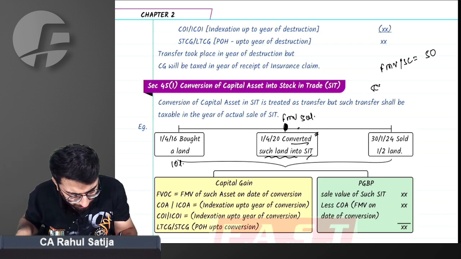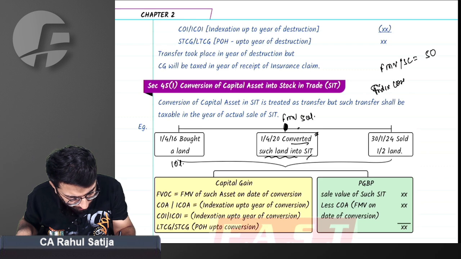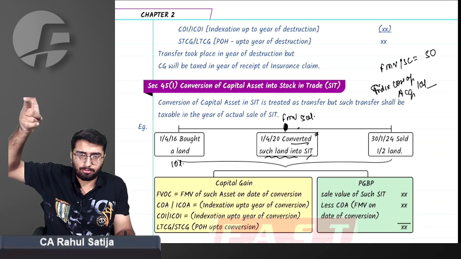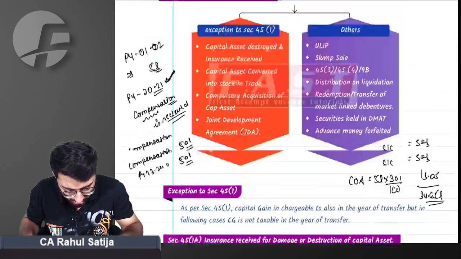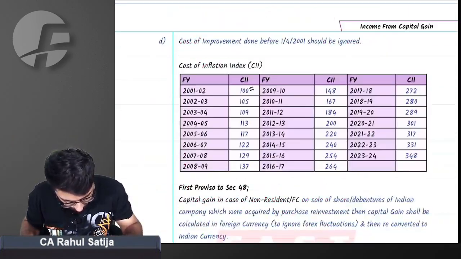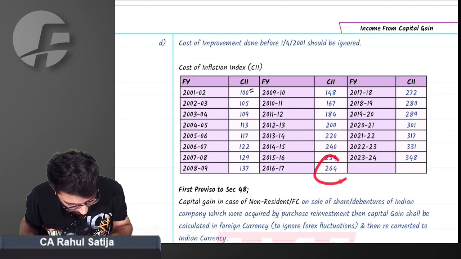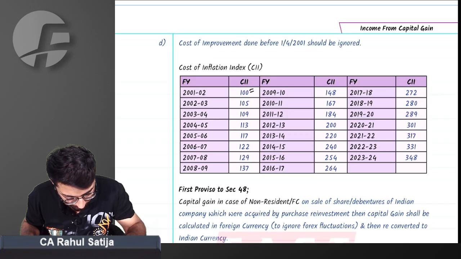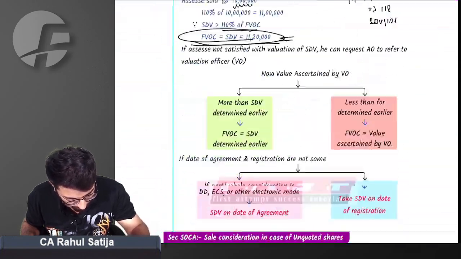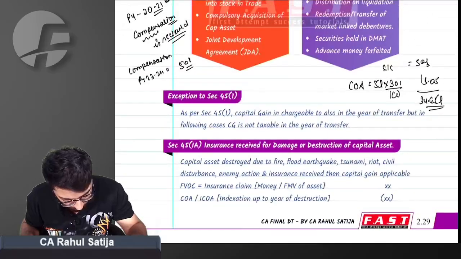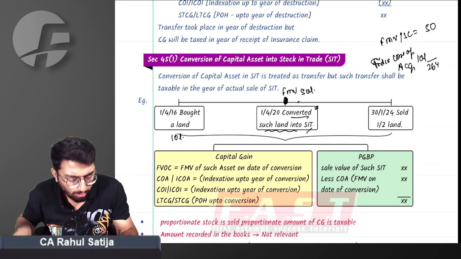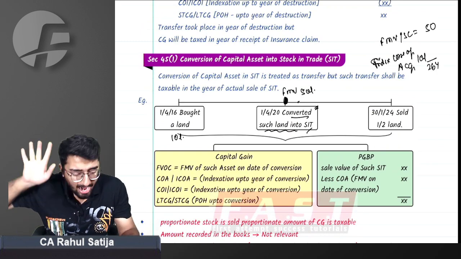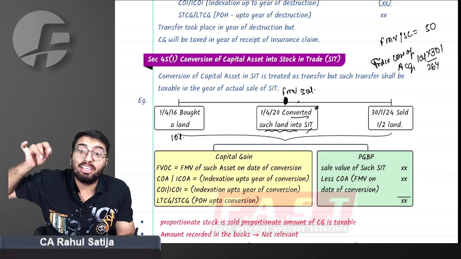You have to do indexation, index cost of acquisition. That will be 10 lakh divided by CII for the year of acquisition, which is 1st April 2016. 1st April 2016 is 2016-17, CII 264, and 2020-21, CII 301. 264 will be the CII of the year of acquisition, and 301 will be the CII of the year of transfer.